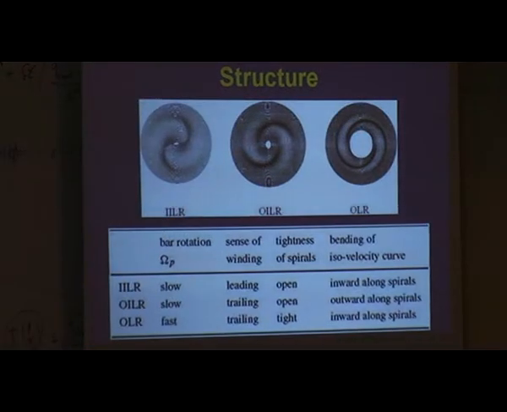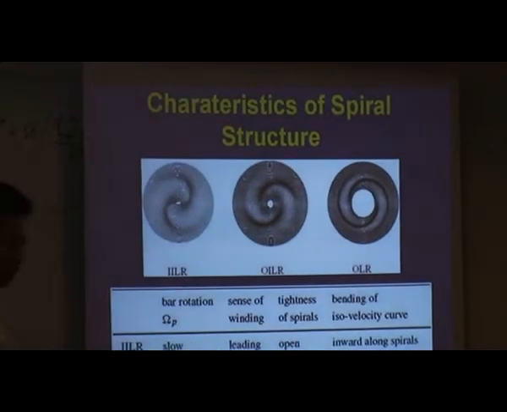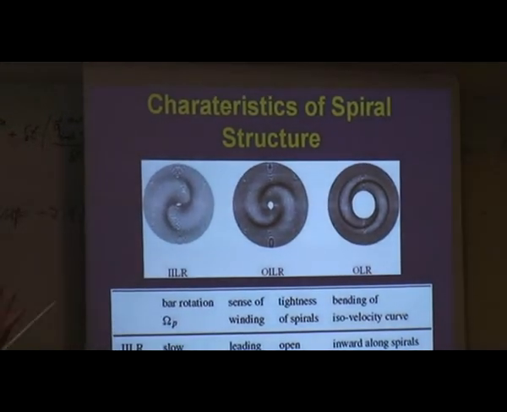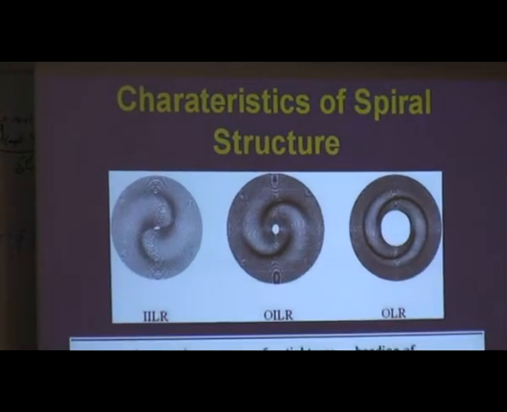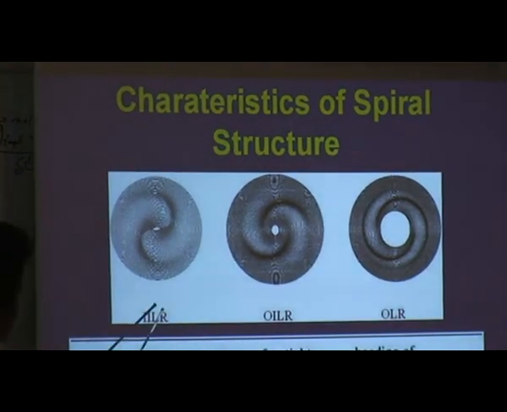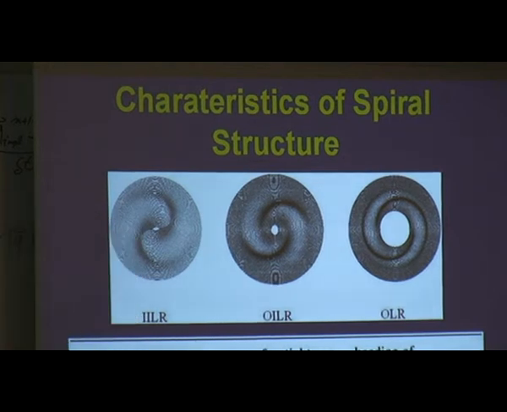So what's the prediction of this theory? It can generate three different characteristic spiral patterns in different resonance excitations. ILR means inner linear resonance excitation, that means it's inside the co-rotation radius. OLR is outer linear resonance, resonance excited outside the co-rotation radius.